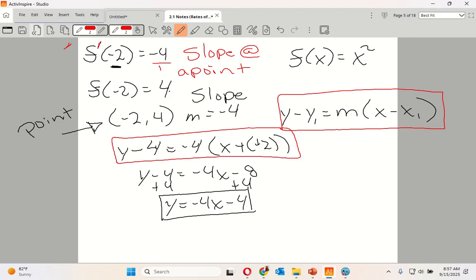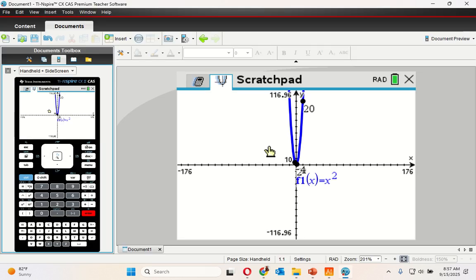But isn't it every point? No, that's why on the calculator I plug in different points and I get different answers. So as I plug in -2, I got a -4. So my slope, my rate of change is -4. When I plug in 10, my slope is 20. So my rate of change is 20.